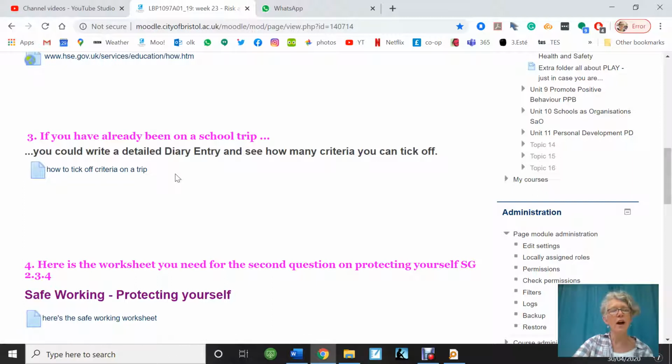It gives you ideas for how to write a detailed diary entry and see how many different criteria from all the different units you could tick off. You could tick off communication criteria, behaviour management criteria, see what you could fit into your school trip, maybe even some maths and some English.